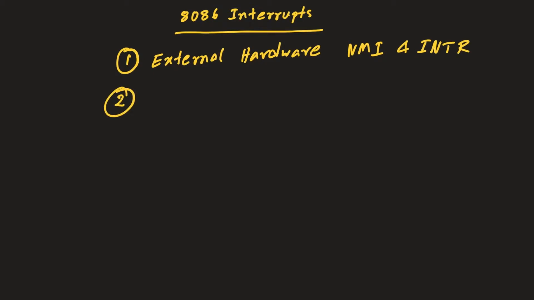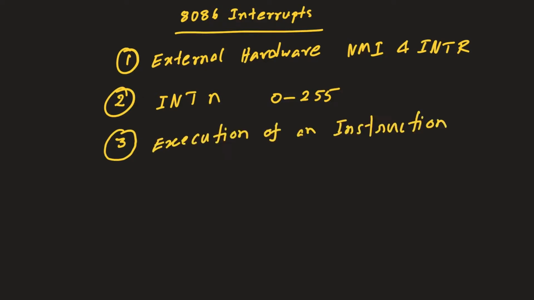Second is using a software instruction called INT N, where N may vary from 0 to 255. And the third is after an execution of an instruction, there may be some internal interrupt.